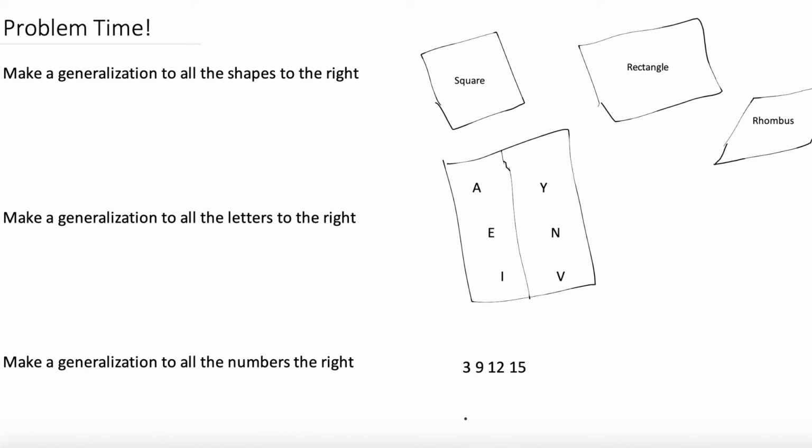A good one is that they all fit into 3. There's 3, and then there's 9, which can be reached by multiplying 3 times 3. Then 12, which is done by multiplying 3 times 4. Then 15, which is done by multiplying 3 times 5. So they all have 3 as one of their factors.